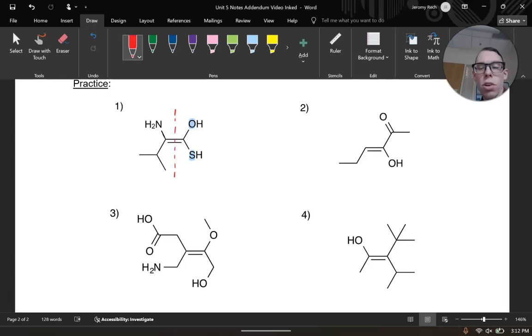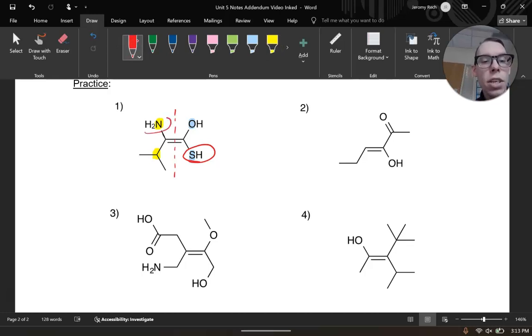Between these 2 different groups, we can run our CIP, or Cahn-Ingold-Prelog, rules and determine a priority. That's going to be based on atomic number. Here, sulfur has a higher atomic number than oxygen, so our sulfur is going to have the higher priority. If we do the same thing and look over on the left side, our very first point of attachment is a nitrogen versus a carbon.